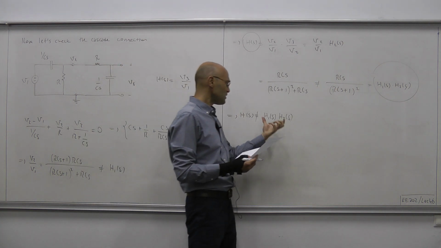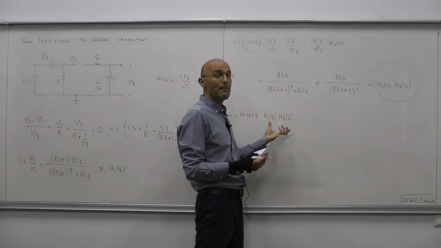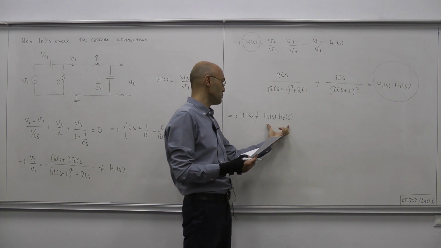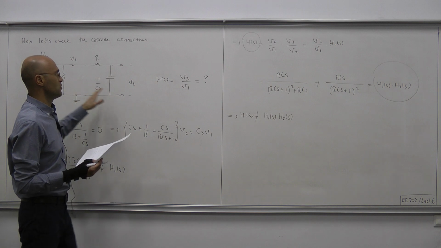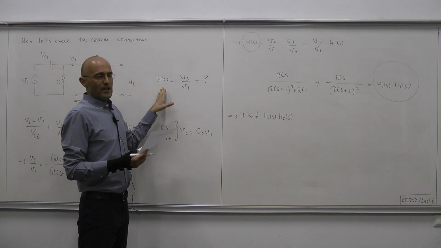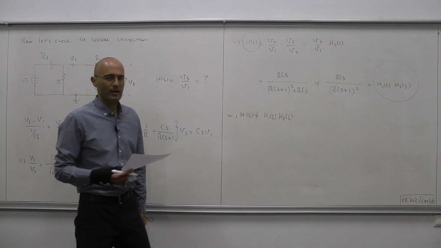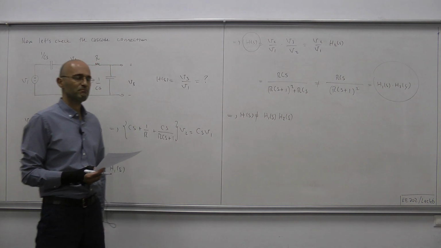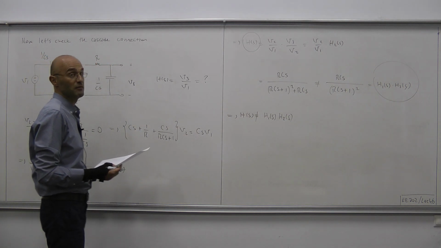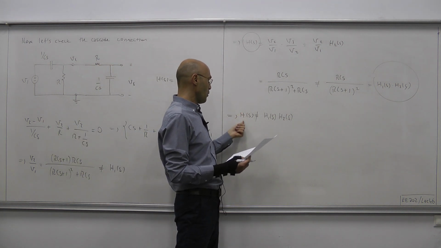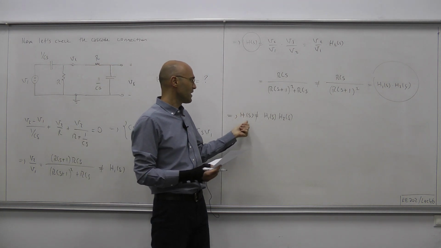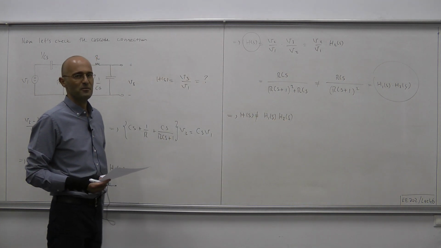Then you go to lab and obtain the circuit that would produce that product, H1 and H2. You connect them in cascade, but you see that H of S does not equal the product. What shall we do in that case? What shall we do so that we obtain the transfer function that equals H1 times H2?